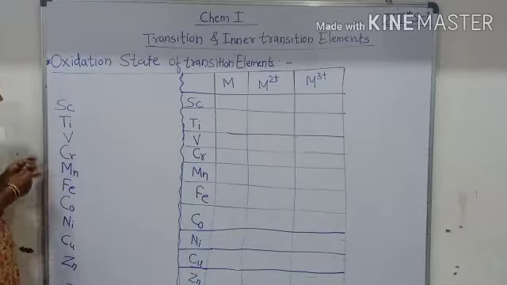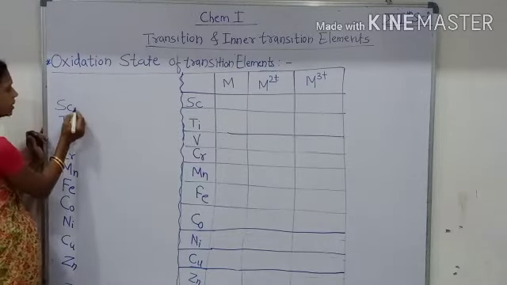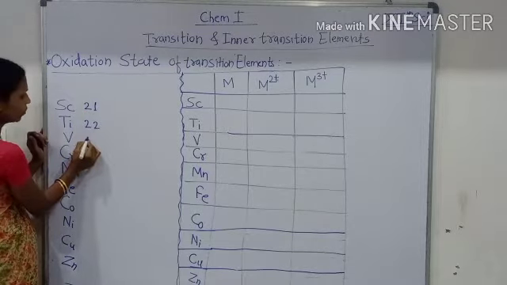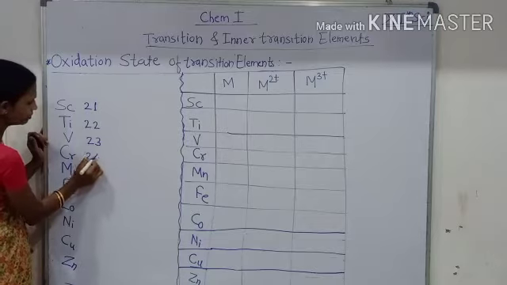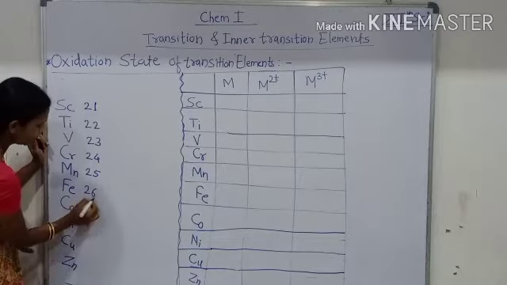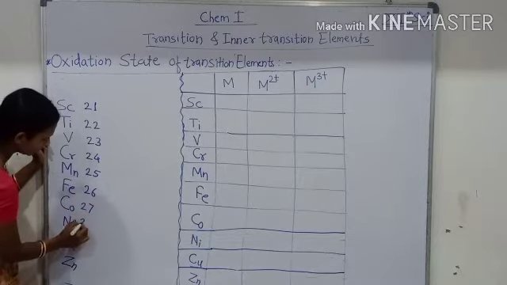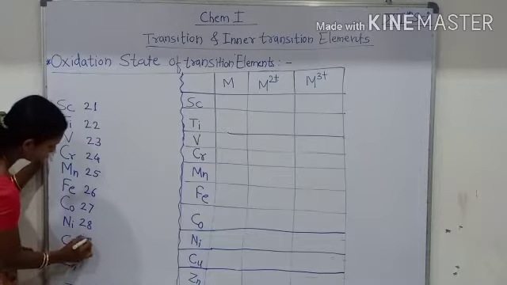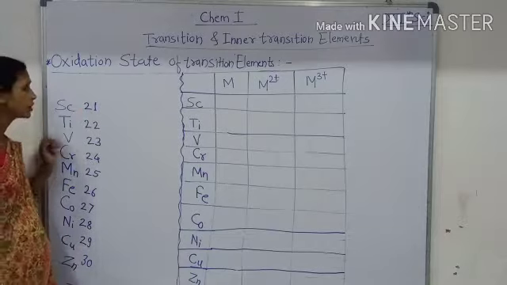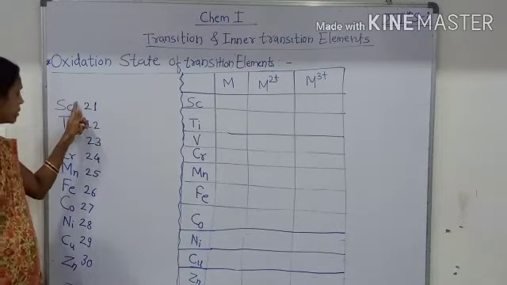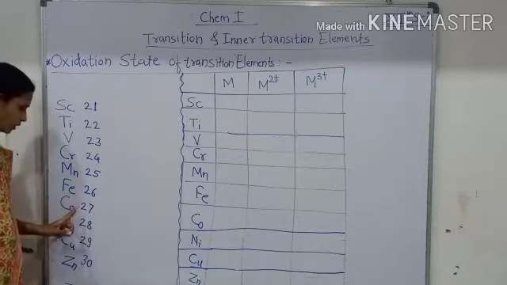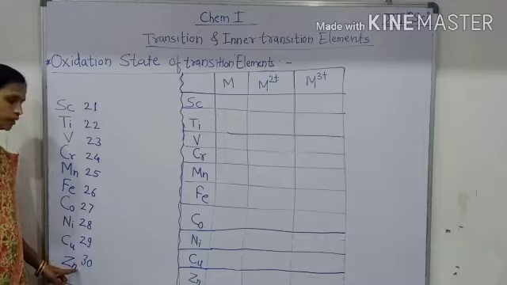All of you know the elements in the 3d transition series: scandium having atomic number 21, titanium 22, vanadium 23, chromium 24, manganese 25, iron 26, cobalt 27, nickel 28, copper 29 and zinc 30. Then the oxidation states of scandium, titanium, vanadium, chromium, manganese, Fe, cobalt, nickel, copper and zinc.